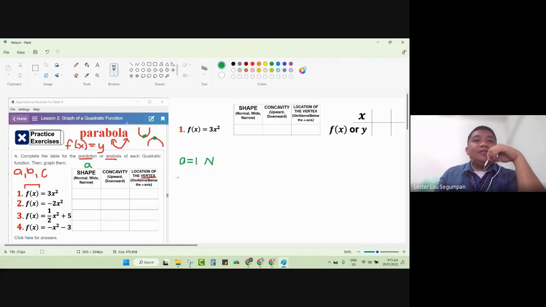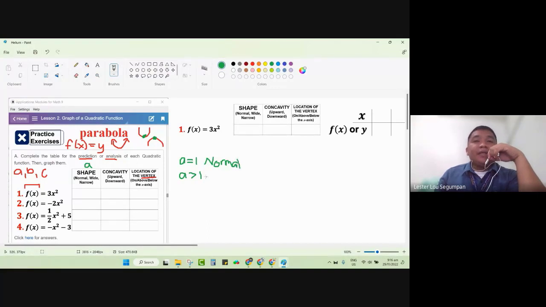And here, it's read on the material, but let me repeat this. If the value of the a coefficient is greater than 1, meaning it's 2, 3, 1 and 1/2, 5, 10, we are expecting, by the way, this is normal, okay?